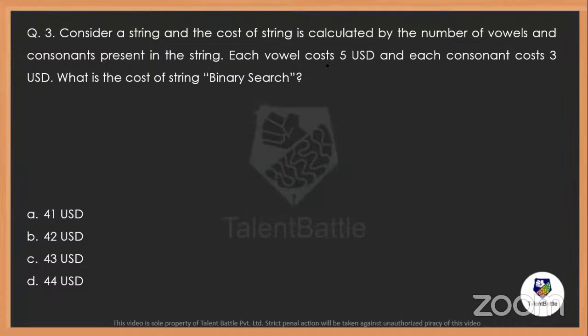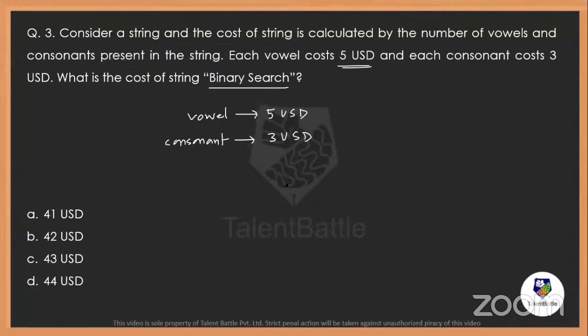Each vowel will cost $5 and each consonant will cost $3. This is already given in the problem statement. And they have asked, what is the cost of the string binary search? This is the string that they have provided.